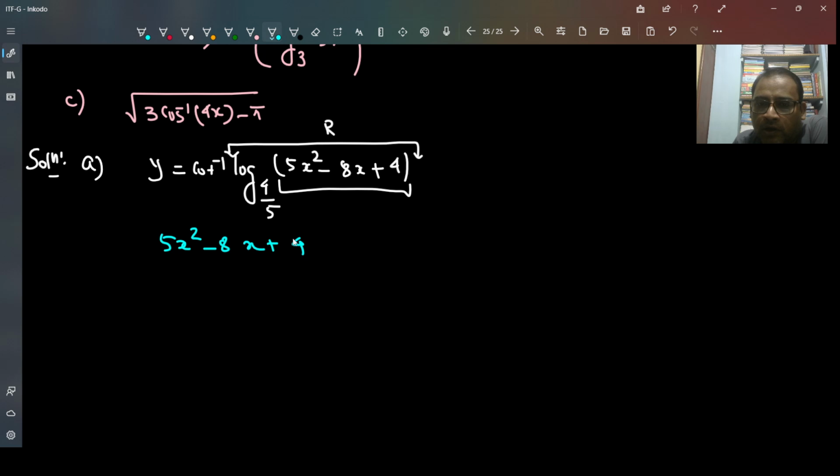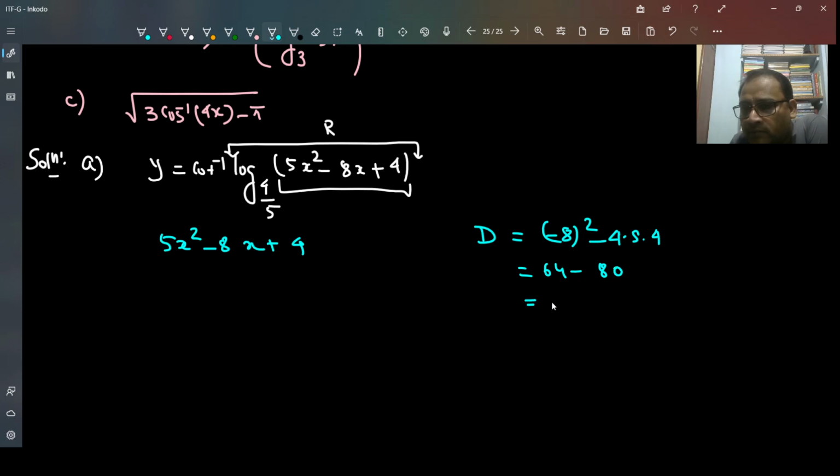First of all, you notice that the discriminant will be negative. You first calculate the discriminant: b square minus 4 into 5 into 4, that is 64 minus 80, which is minus 16, lesser than 0.